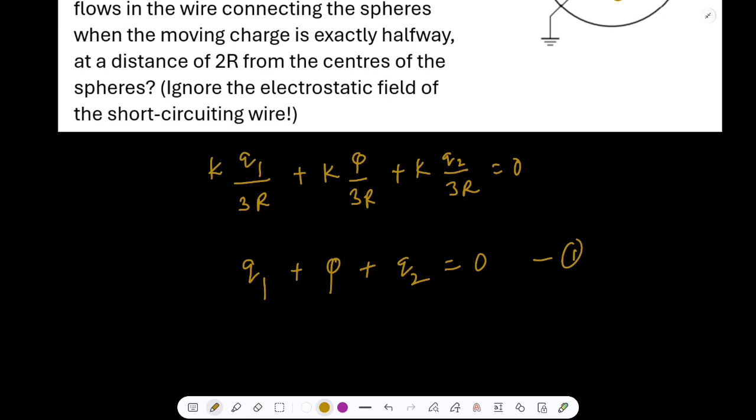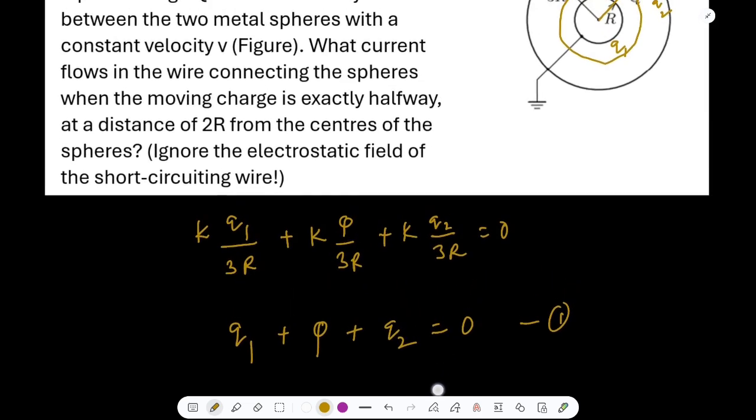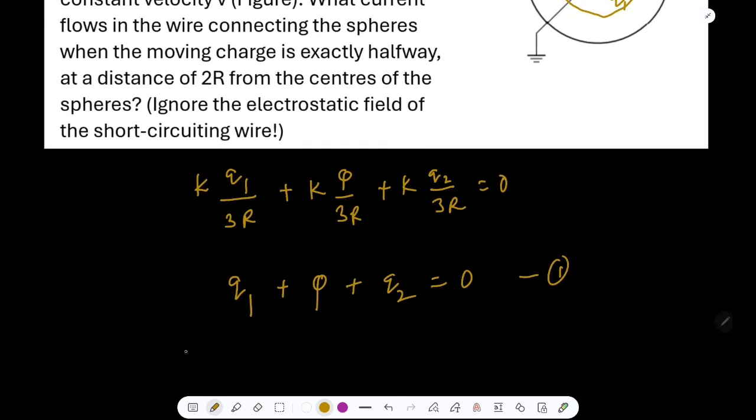and that can be found if we write the equation for potential at the common center of the spheres. This potential can be simply written as, due to q1, kq1 by r, due to q, kq upon small r, and due to q2, kq2 by 3r, and it is also equal to 0 because it is also grounded.